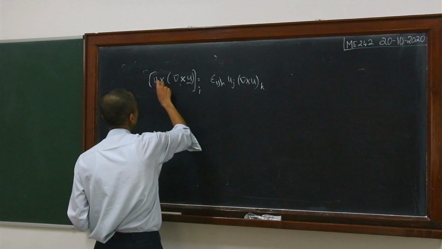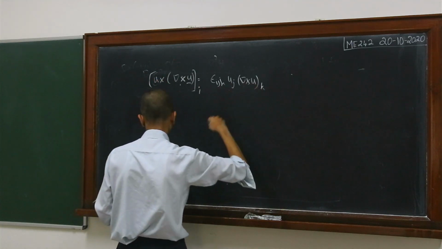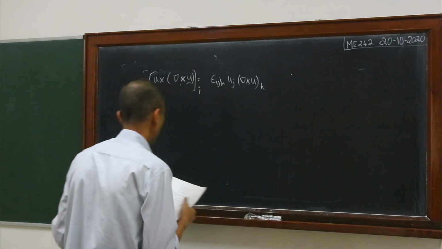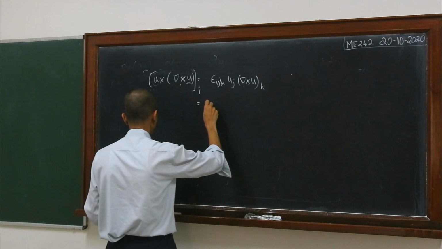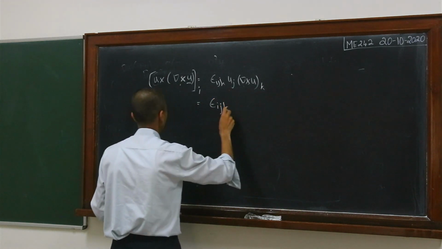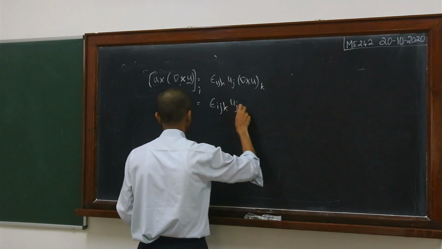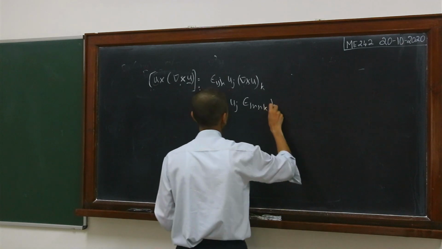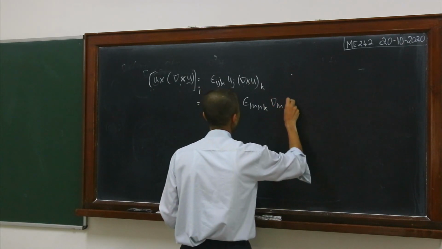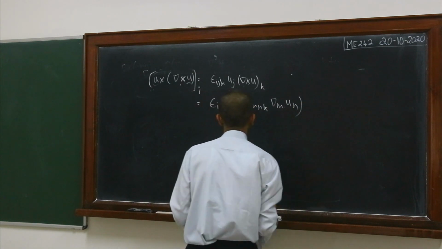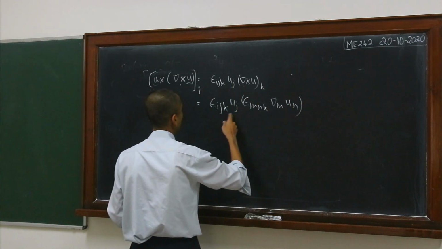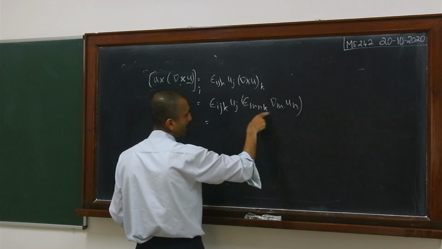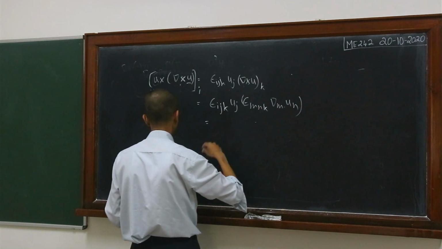This will give me uj, and then this will give me del cross u, kth component. Then again expand the del cross u, kth component, as epsilon ijk, then uj, then epsilon mnk times del m un, and then now use the epsilon delta identity. Here, instead of writing it as kmn, I have already written it as mnk, so that I can directly apply the epsilon delta identity.